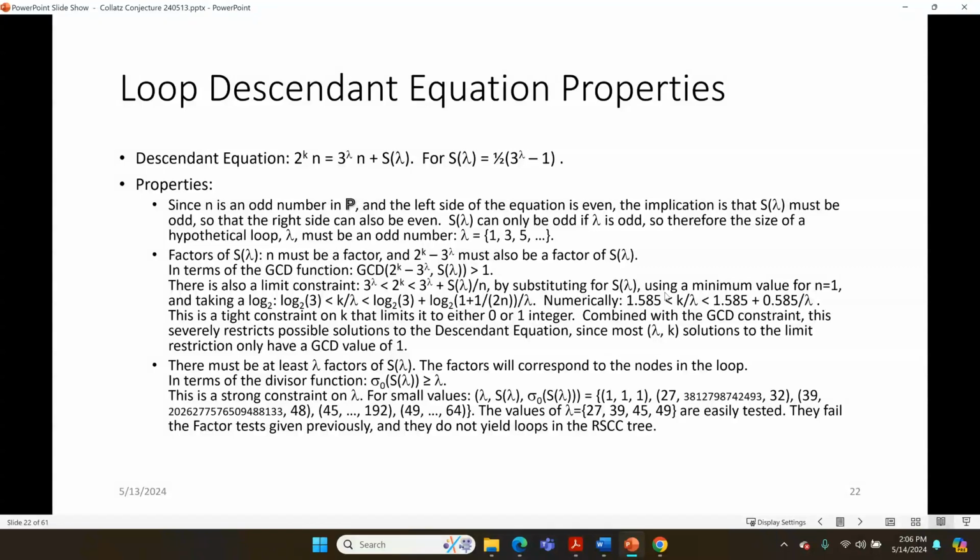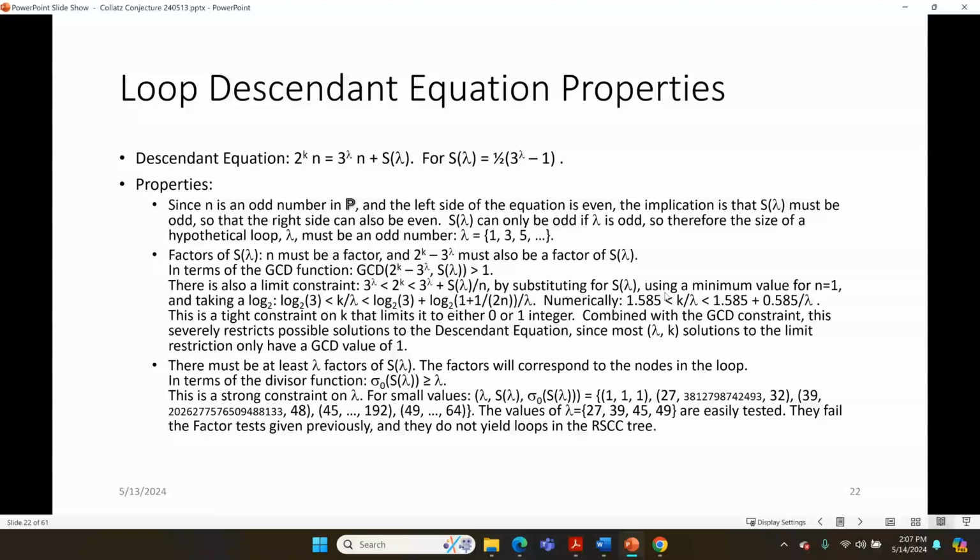There's also a limit for k that's related to the 3 to the lambda term here. So 3 to the lambda has to be less than 2 to the k, and then in turn 2 to the k has to be less than 3 to the lambda plus S of lambda over n for some value of n. By substituting the formula for S of lambda and putting in some sort of a minimum value for n, we get a fairly tight constraint on lambda and k.